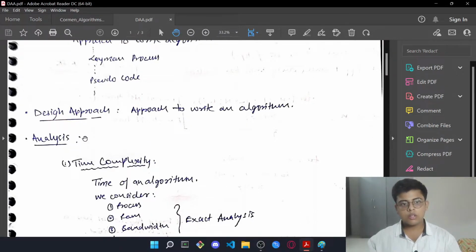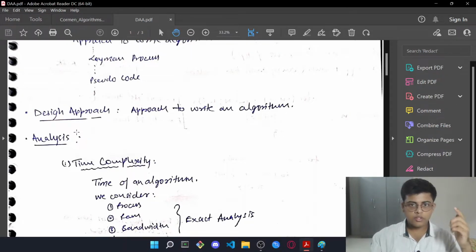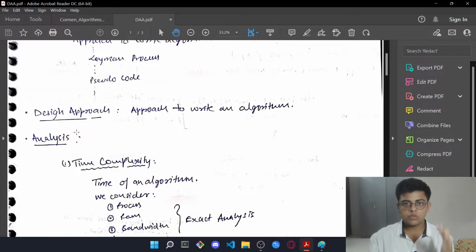Then there is design approach. What is design approach? There are multiple algorithms. For example, there are multiple sorting algorithms: bubble sort, insertion sort, heap sort, quick sort, merge sort.